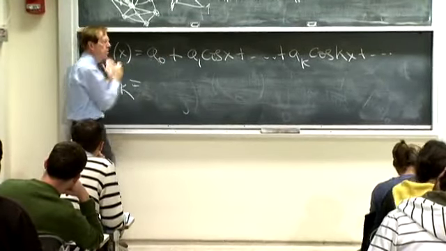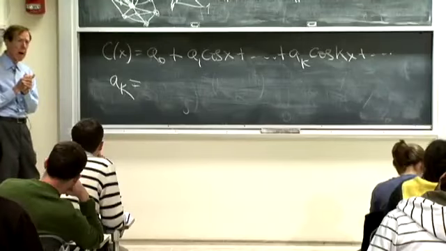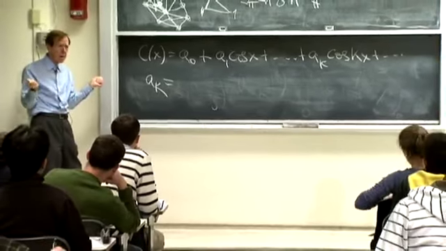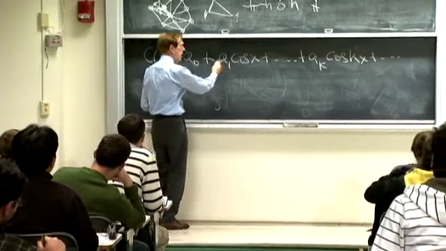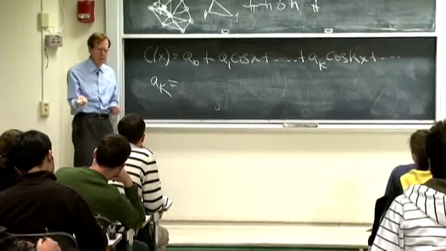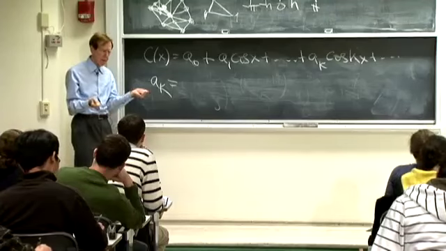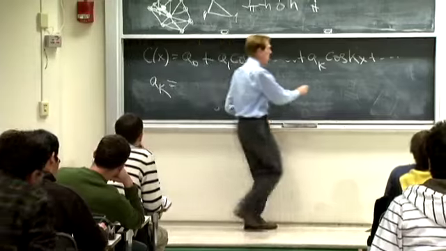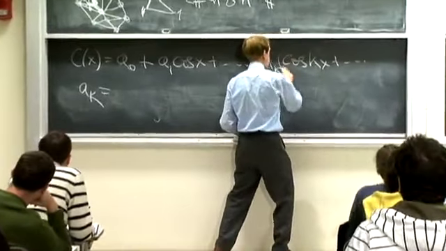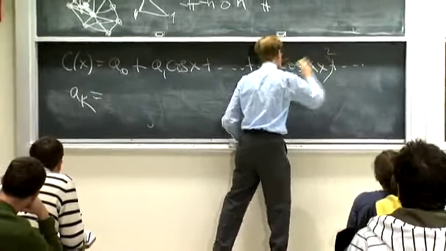I'll multiply both sides of the equation by cos kx, right? And I'll integrate. When I integrate, the cosines are orthogonal, just like the sines this morning. All those terms will go, except for this term. When I multiply this by cos kx, I'll have cos kx squared.